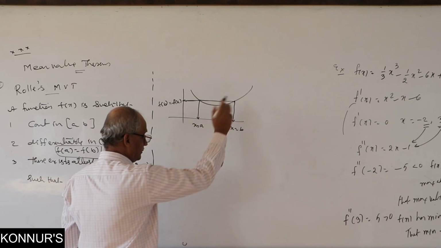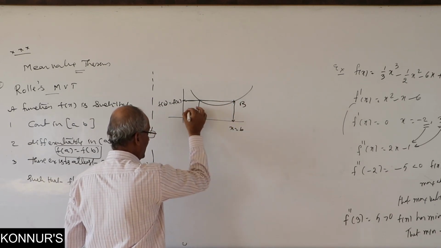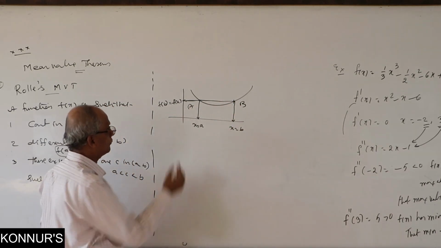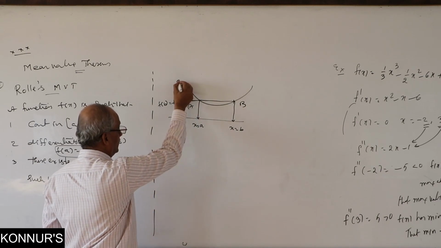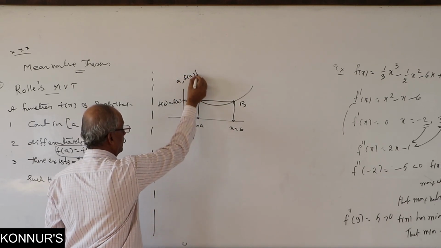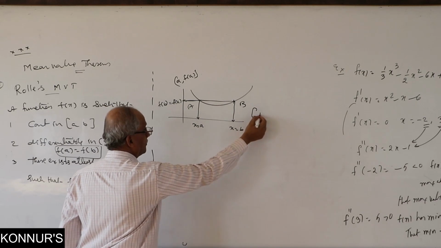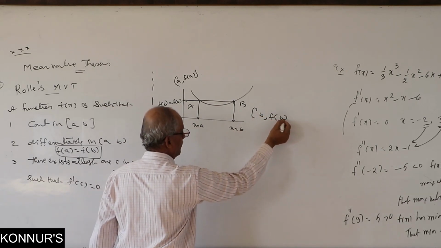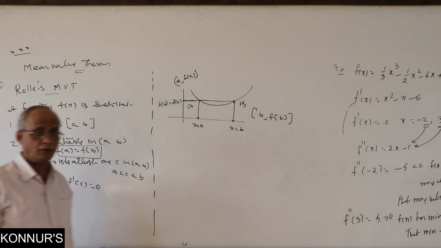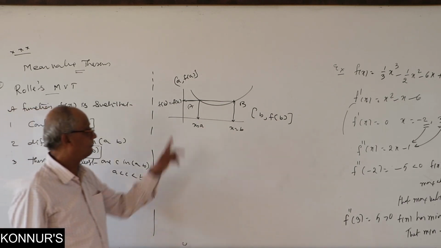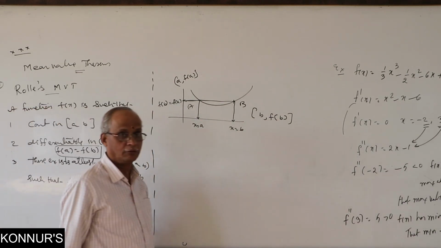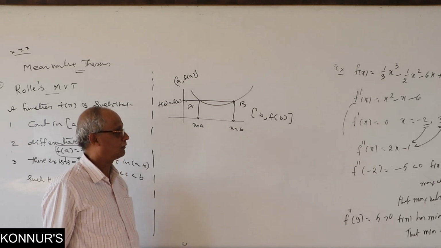But in this figure, if you consider the coordinates of a and b, what are the coordinates of a first? (a, f(a)). The coordinates of b are (b, f(b)), but both are equal.